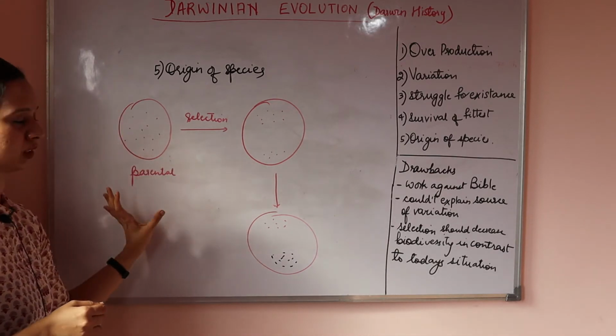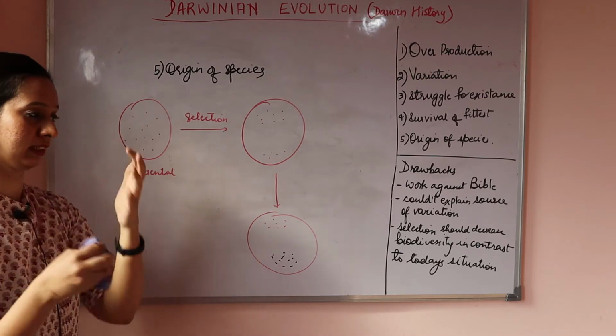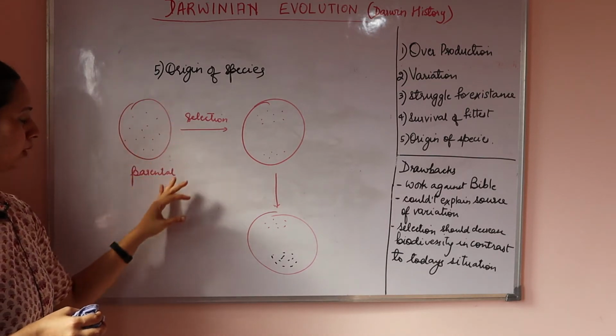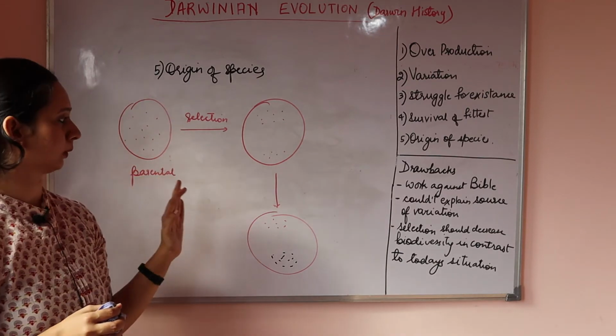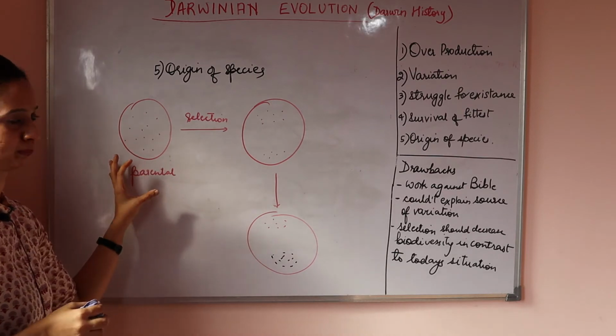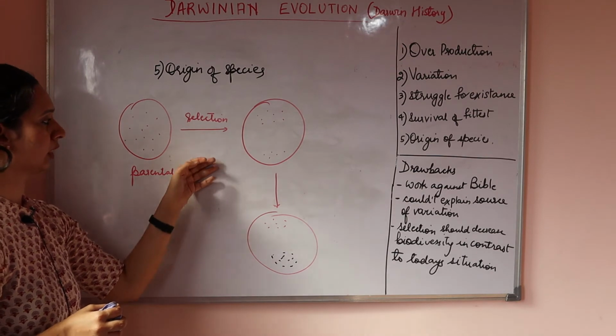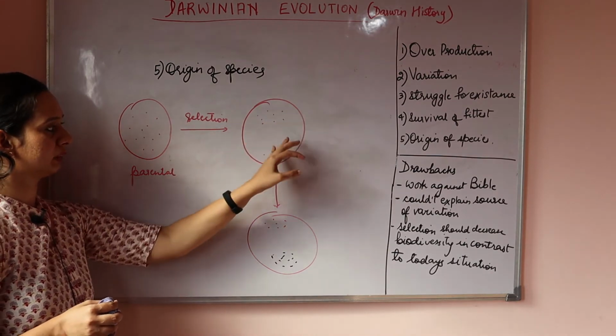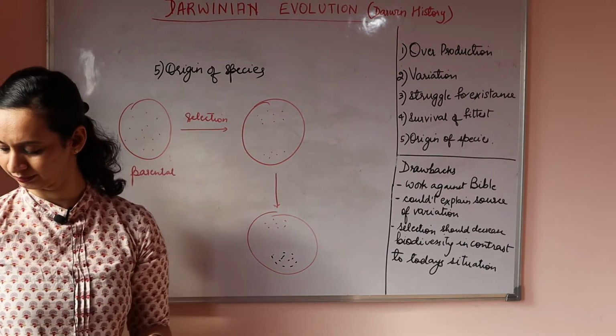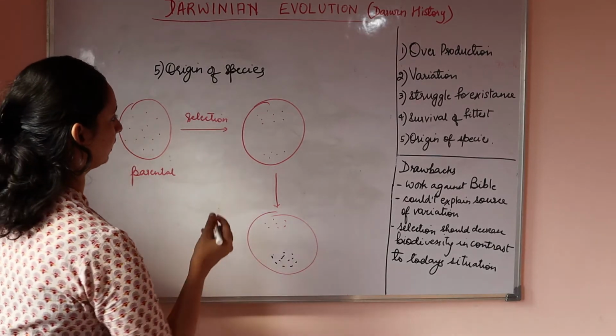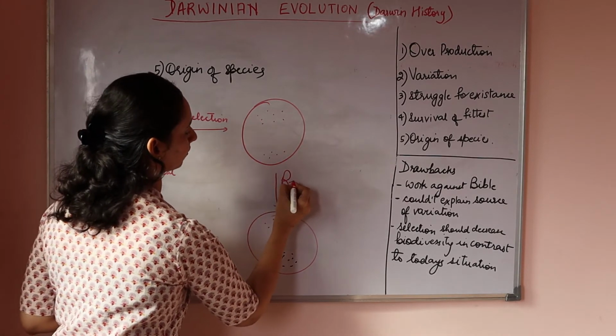Now how does a species originate? First of all, suppose this is a parental population. In one area there are so many individuals of a species which are present, of the same species. Now selection will act on it, and in some way these two will get isolated.